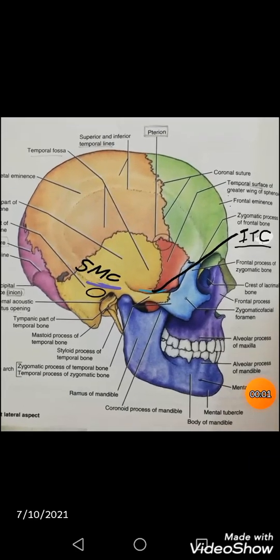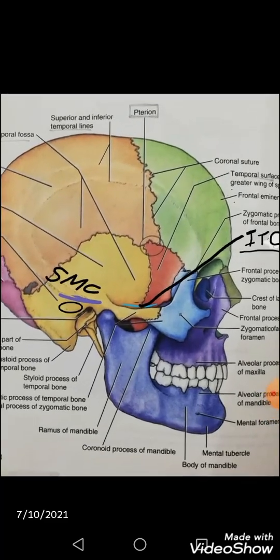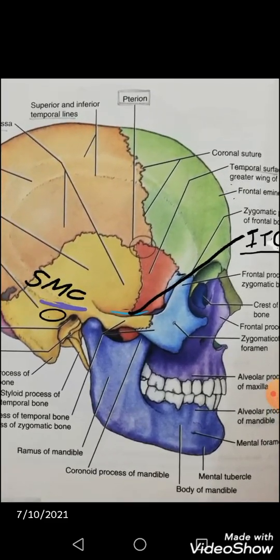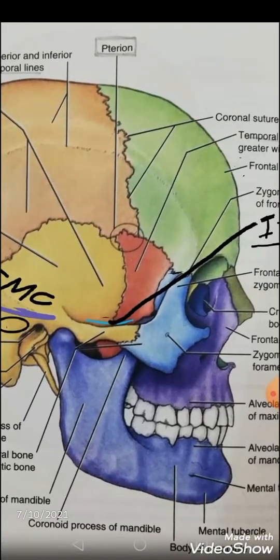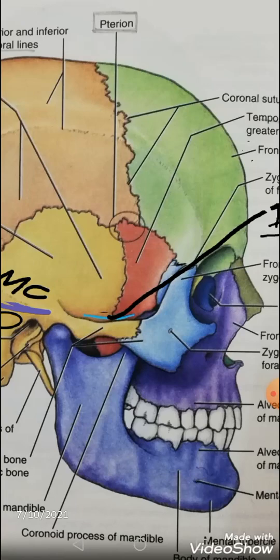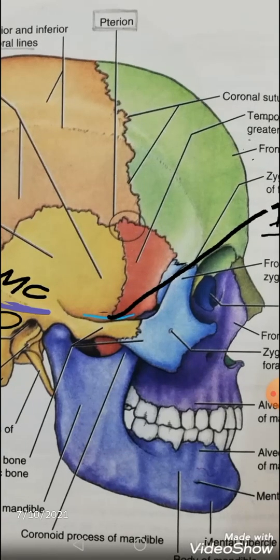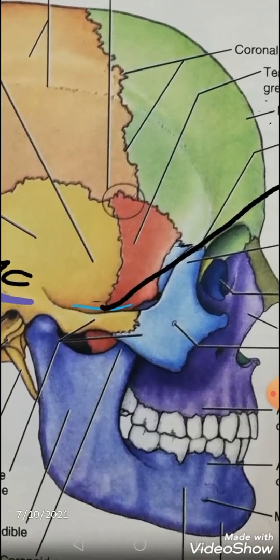A few other important landmarks on the norma lateralis. You can see that there lies the infratemporal crest, which is being marked by the blue line just opposite to the zygomatic arch on the medial aspect or lower edge of the temporal bone. You can see it very well.